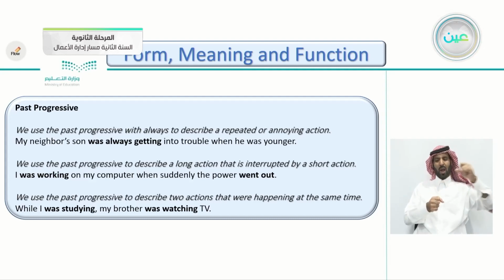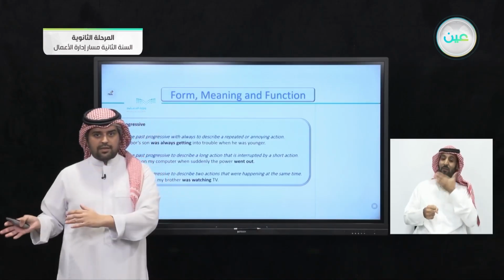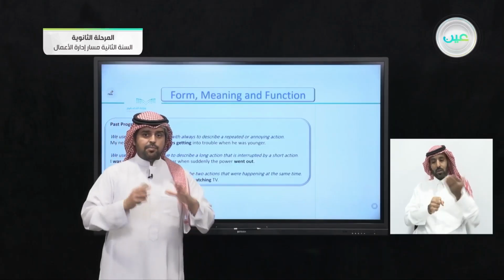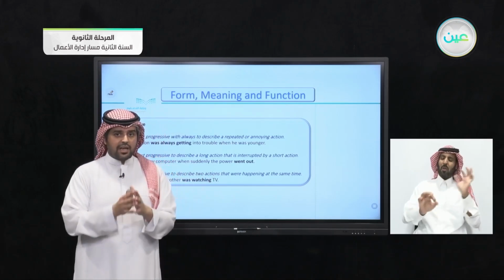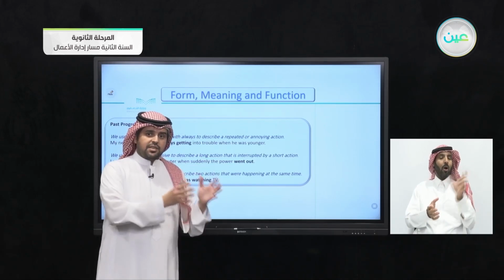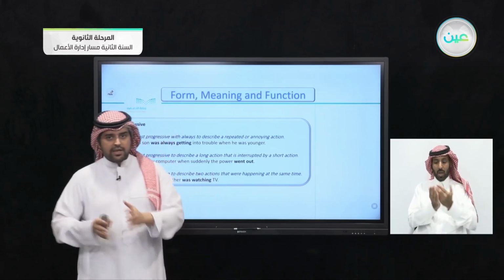While I was doing this, my father was doing that. While I was sleeping, my brother was studying, etc. So if you have two actions in the past that happened at the same time, you use the past progressive with the word while. While I was studying, my brother was playing.